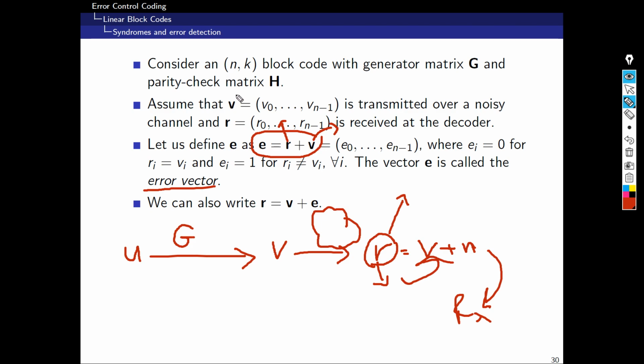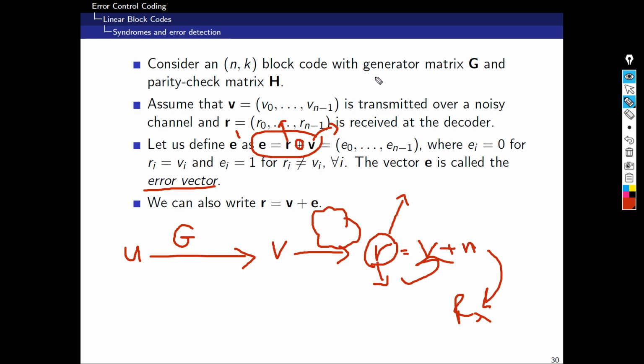For example, the noise can change some bits from 0 to 1 or from 1 to 0. Any change in R, which is supposed to be V, to some other values, will give you ones in the vector E. Ones mean there is an error.